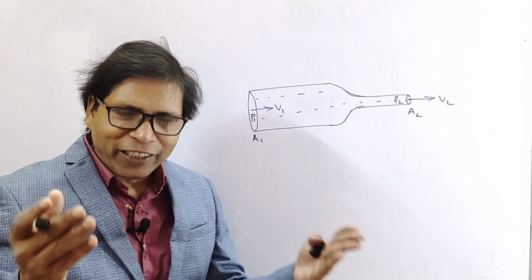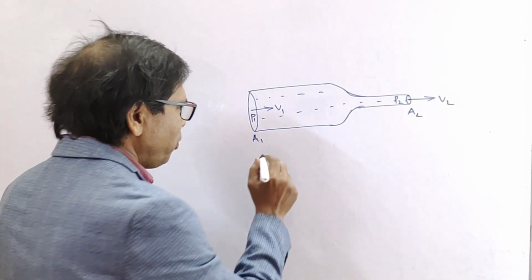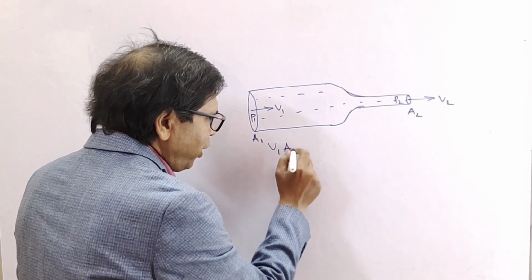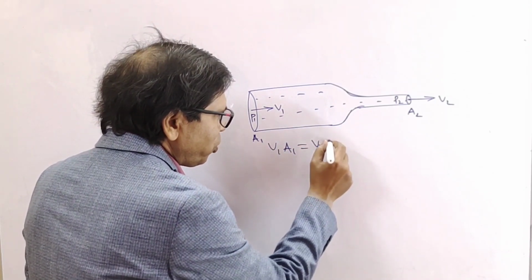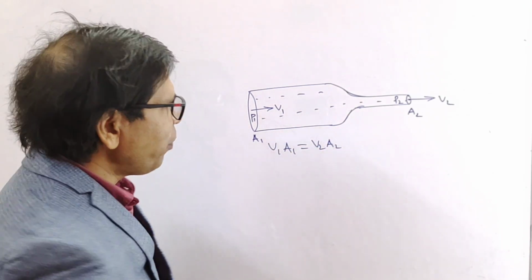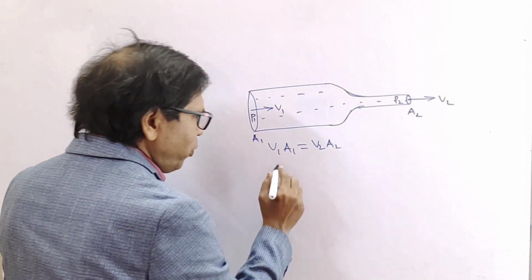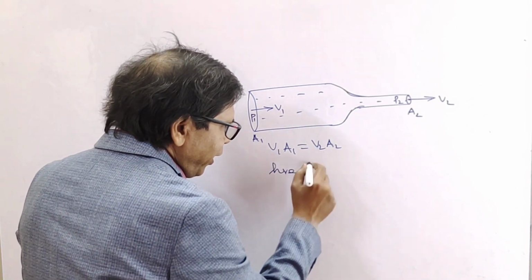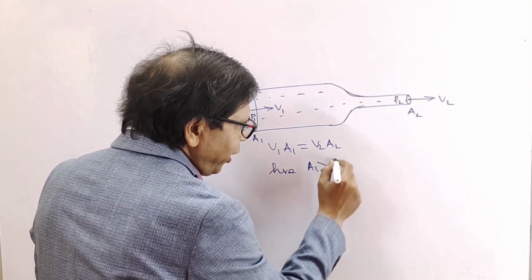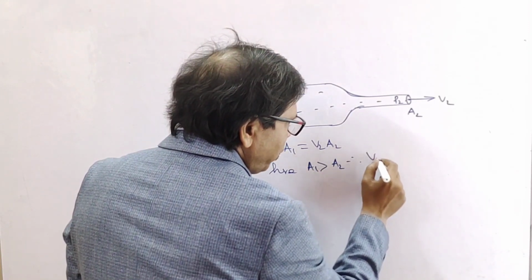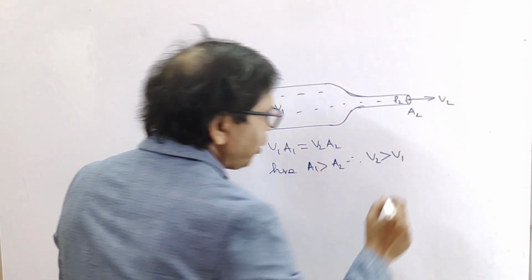Now from the equation of continuity we know V1A1 is equal to V2A2. Therefore, here A1 is greater than A2, therefore V2 is greater than V1.